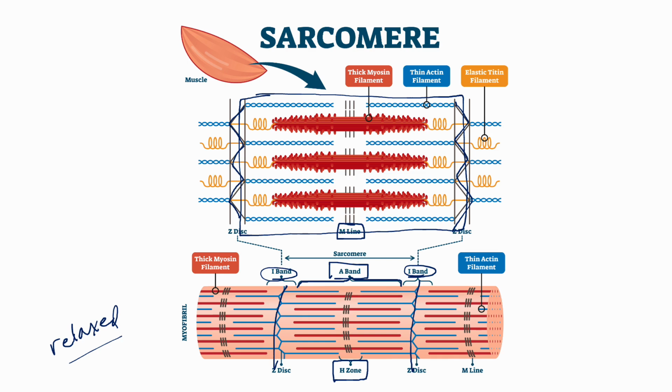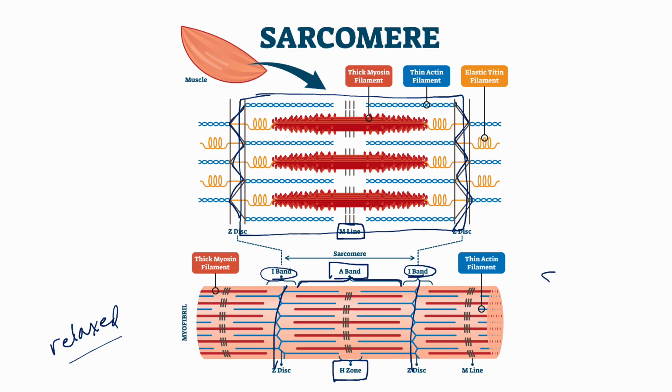Now, the way that a muscle contracts, each of these sarcomeres is going to contract. When they contract together, that's what causes the muscle to contract and makes the muscle smaller. It does the opposite of lengthen: it shortens the muscle.